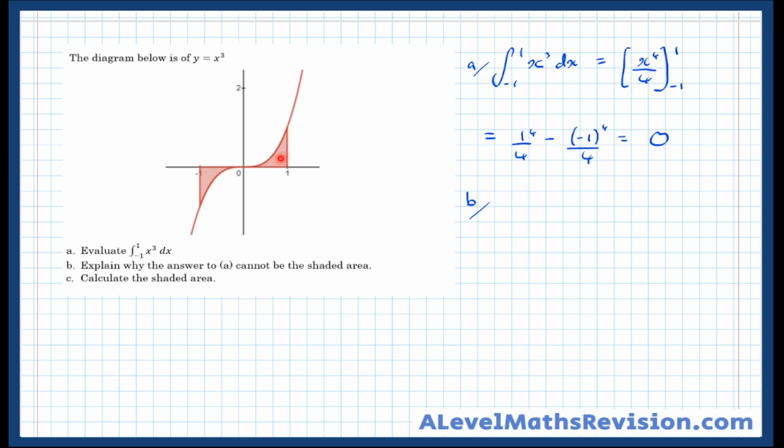Therefore, when we add them together, when we sum all of these rectangles, it's going to sum to 0 because these ones are going to cancel out, if you like, these ones here.